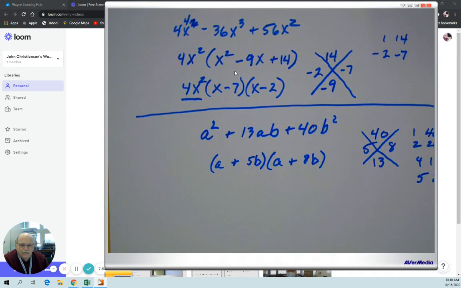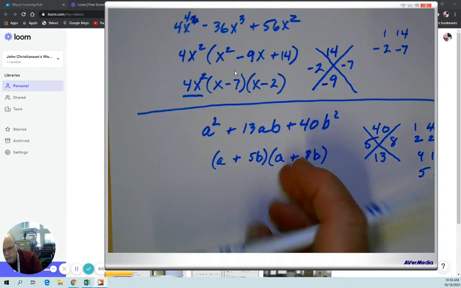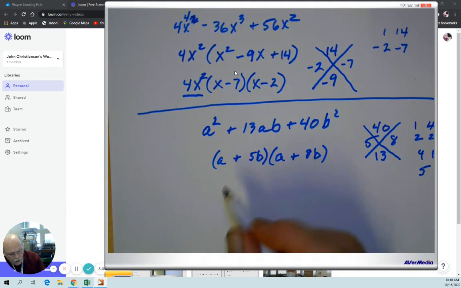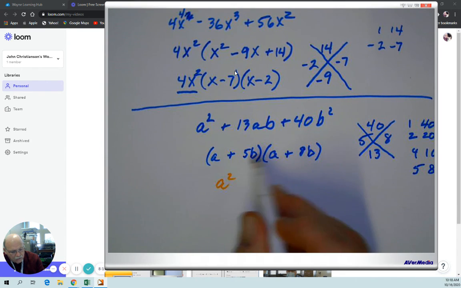And remember to go through that and refoil it and make sure you get it right. So if I refoil this, a times, and I'm actually going to distribute, that's what I like to do. A times a is a squared. A times 8b is 8ab.